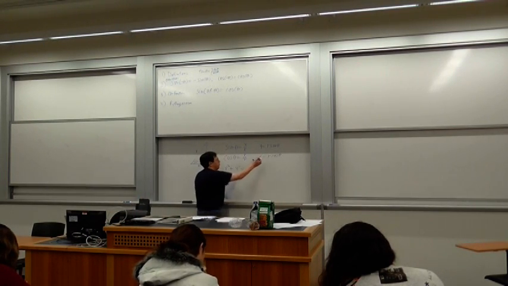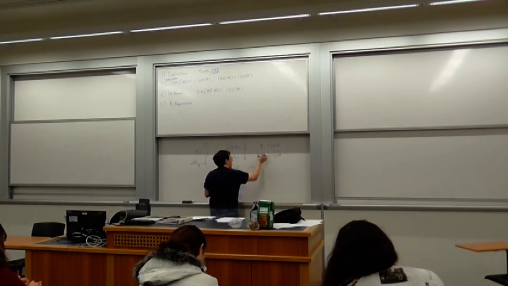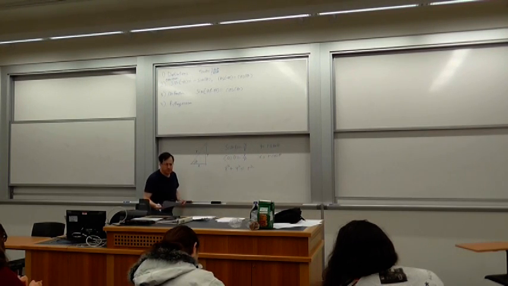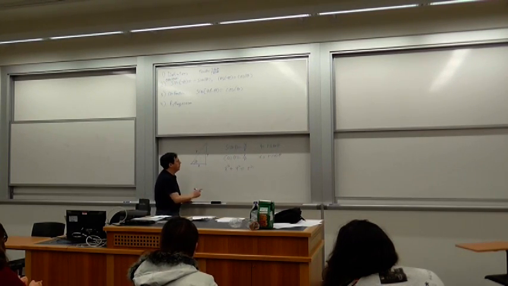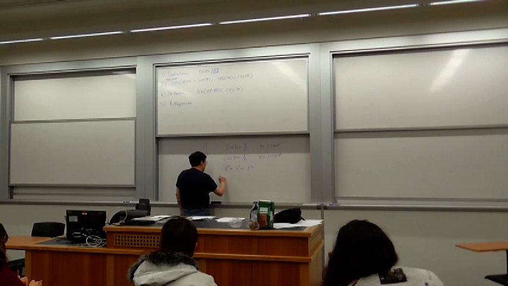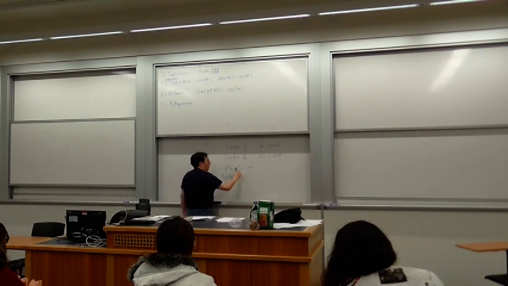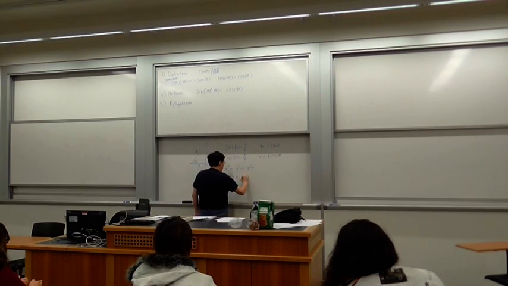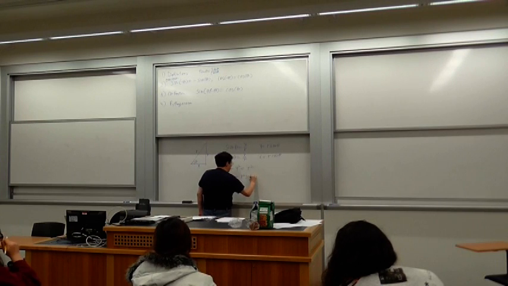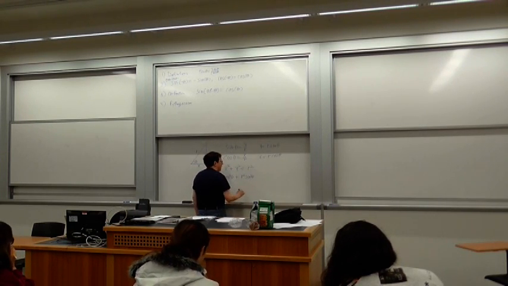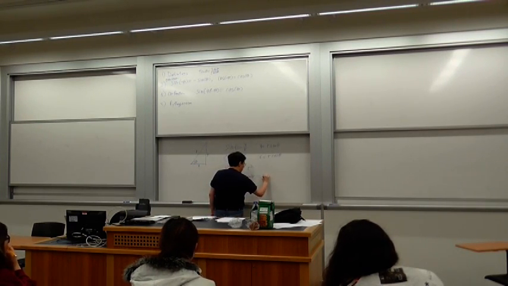I'm going to substitute in for x and y into this equation. All right, let's try that. Here we have r squared cosine squared theta. Y is r sine theta, so r squared sine squared theta, and that's equal to r squared.